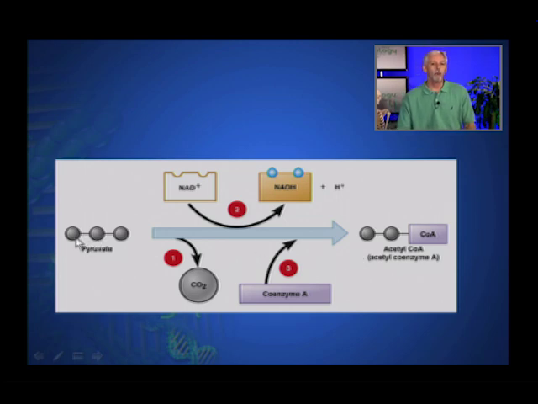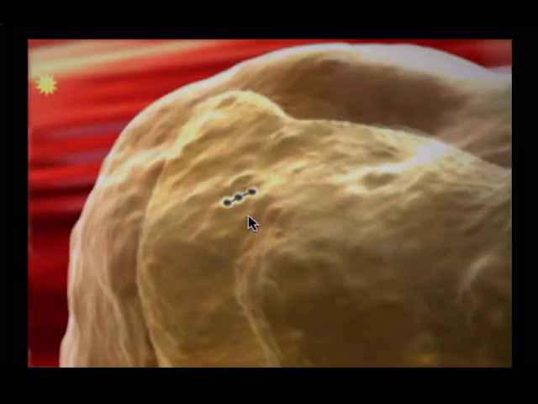So again, each pyruvate then has 1 carbon clipped off, the remaining 2 carbons, called an acetyl group, attached to a coenzyme A molecule, forming acetyl coenzyme A. So let's go ahead and see what that looks like then in our animation. So here's our pyruvate. We're in the cytoplasm.